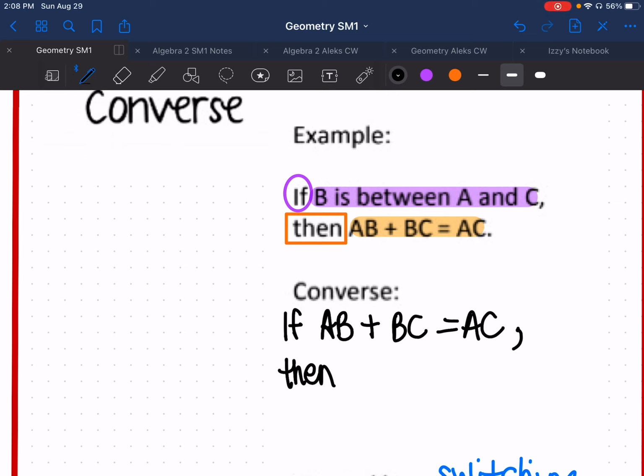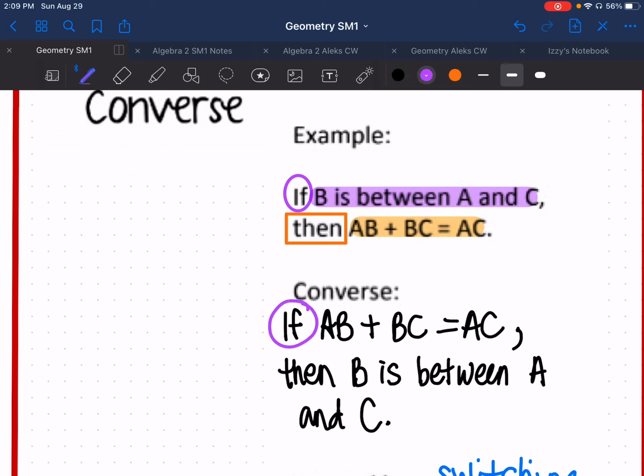And now I'm going to go ahead and write the hypothesis. Then B is between A and C. Notice I didn't put in any extra words. I kept my if and I kept my then because this is a conditional statement's form.